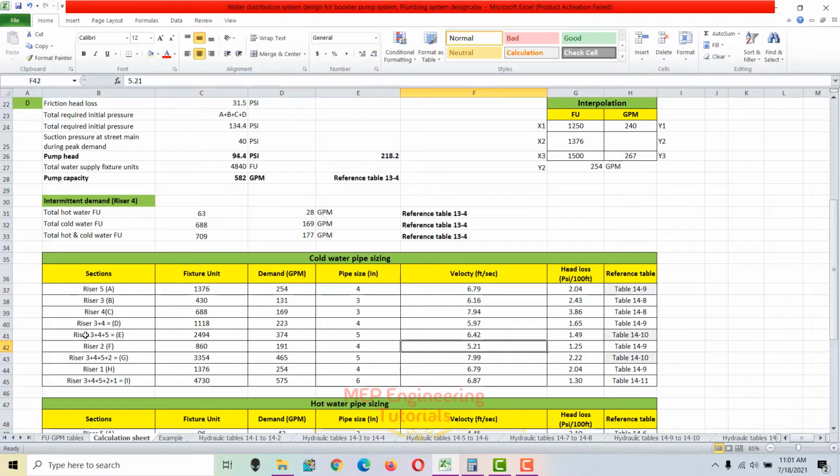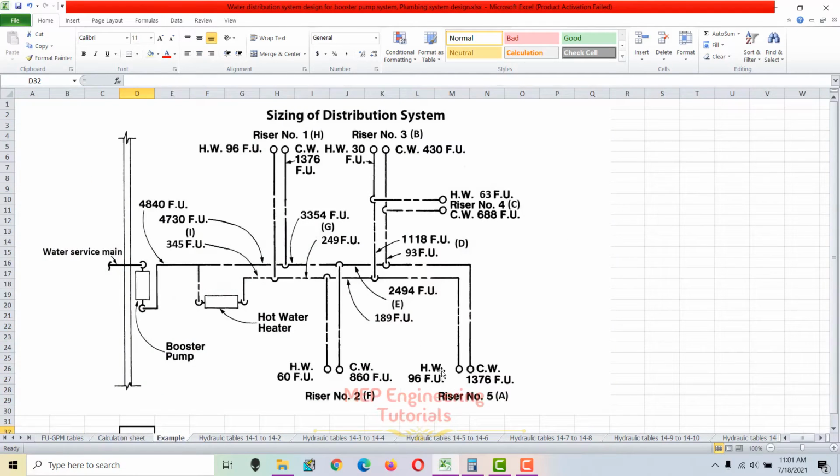So let's go for another riser. Let's check riser 3 plus 4 plus 5, which is represented by E, as you can see in the drawing. This pipe segment which we are going to calculate now, this is riser 5A, this is 4, and this is 3.